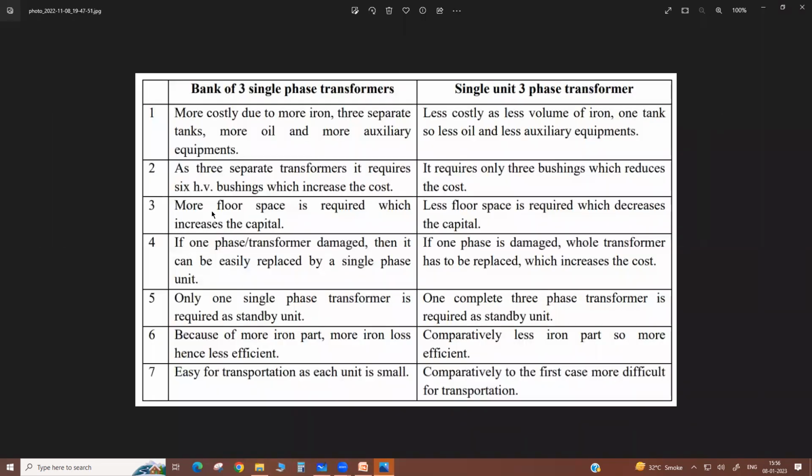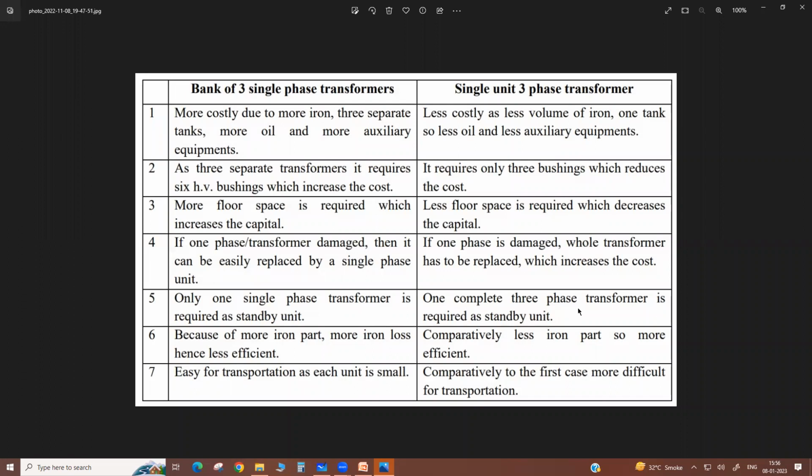So here it is written, if one transformer is damaged, then it can be easily replaced with a single unit only. But here, if one phase is damaged, then the whole transformer will be replaced. Now suppose only one single phase transformer requires a standby unit.